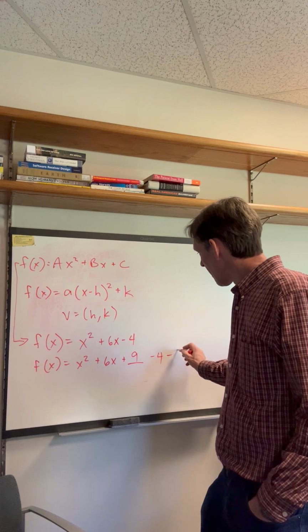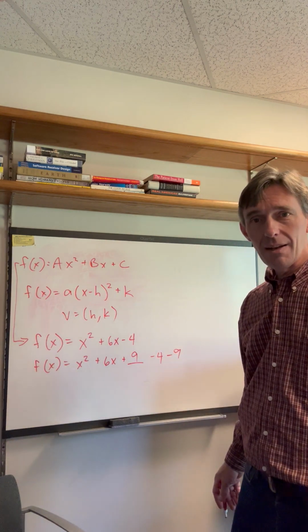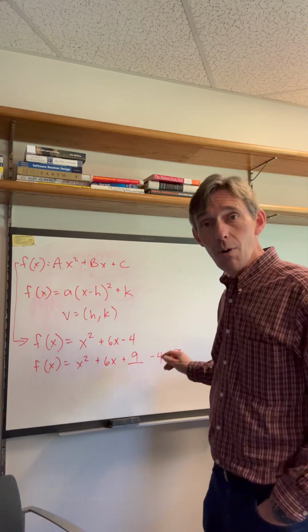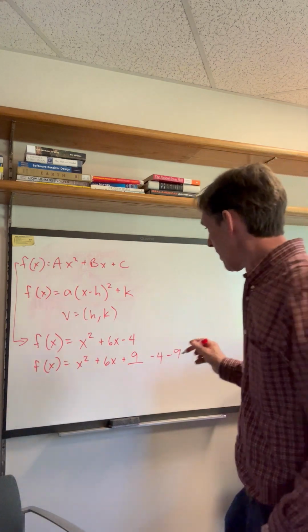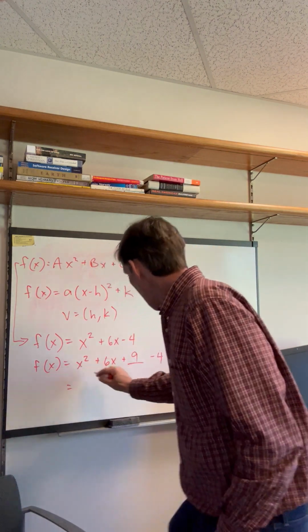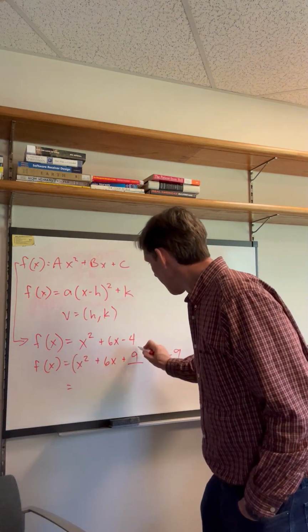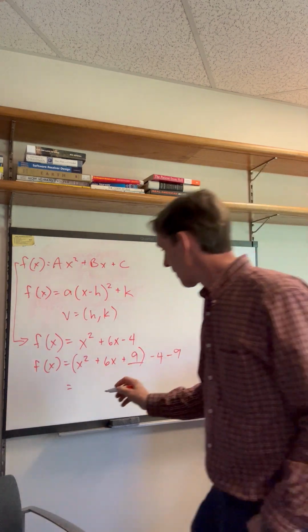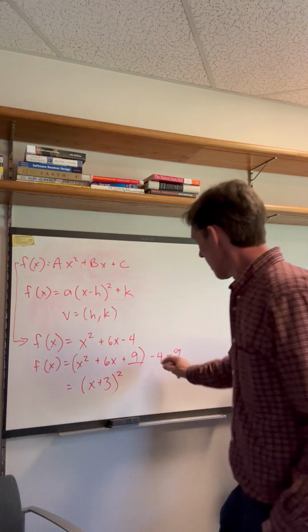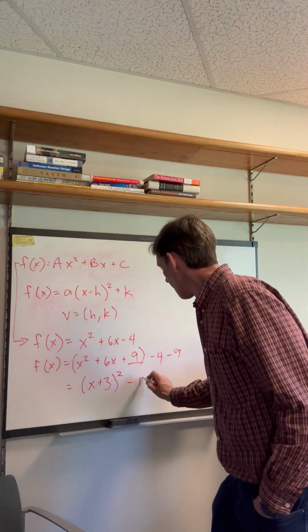I'm going to subtract a 9 on this side, right? So my net effect on this function is 0. I haven't added or taken anything away from it. I just moved things around. I've done some algebraic magic. So now I know that by design, this thing factors to a perfect square. X plus 3 quantity squared minus 13 over here.